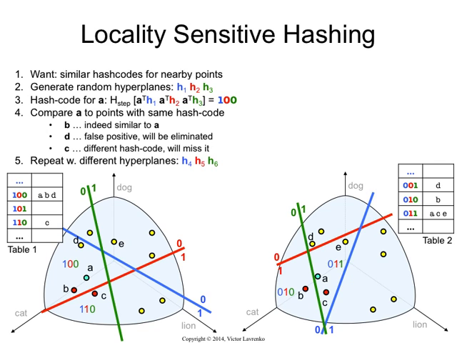So the way the process works is you do it multiple times with L different hash tables, and you collect all the duplicates that you find in any one of the runs. This way you will find B and C, and you will eliminate D and E when you do your exact comparisons within a bucket.